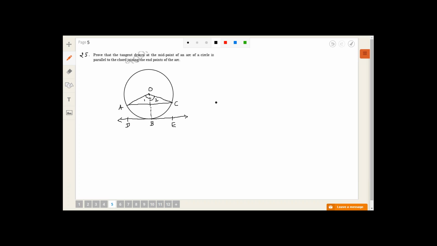Let it be the circle with center O and radius R. Let OA be equal to OC equal to the radius of the circle. Let DE be the tangent intersecting the circle at B.